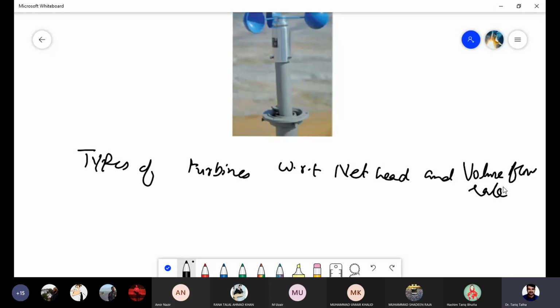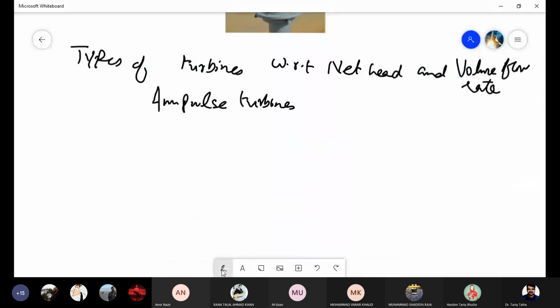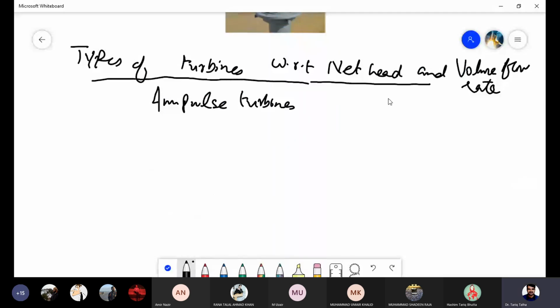There are two types of turbine. One is impulse turbine, and the second type is reaction.